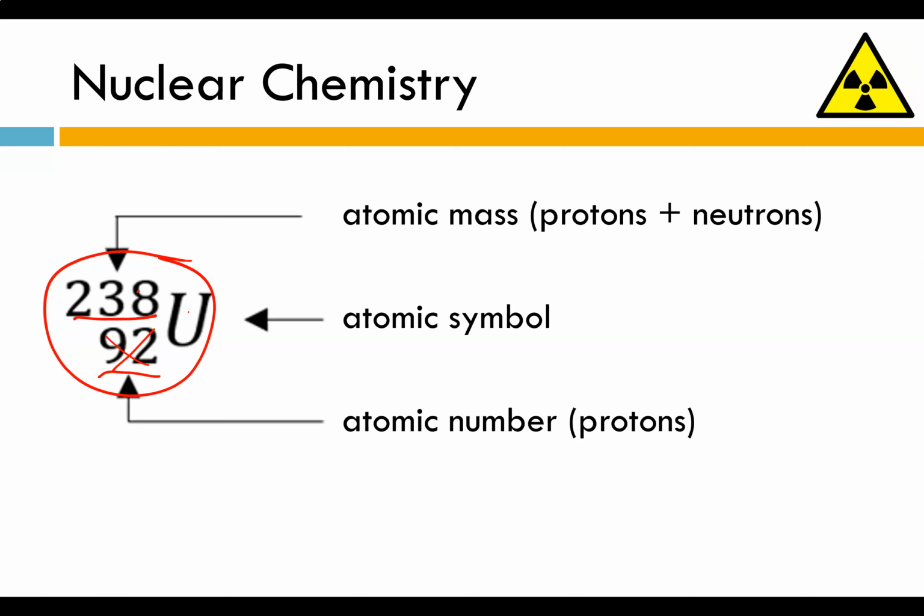So don't be surprised if you see that number missing. I would encourage you, as we're just getting started on this and we're starting to write equations, whether they're natural or artificial transmutations, it's probably a good idea for you to include both values. That's just going to make it a little bit easier for you to keep track of the subatomic particles.